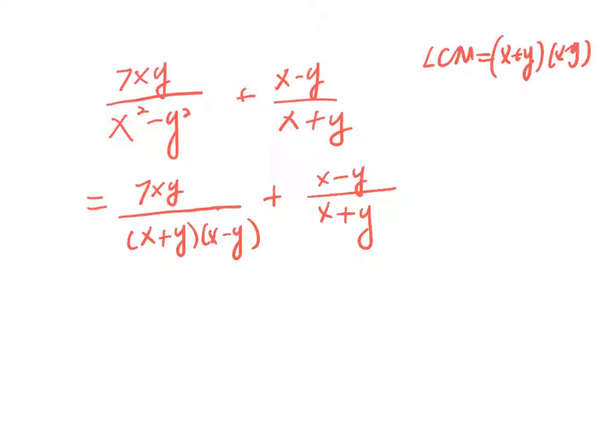So to get the LCM, we need to multiply the second term by x minus y over x minus y.